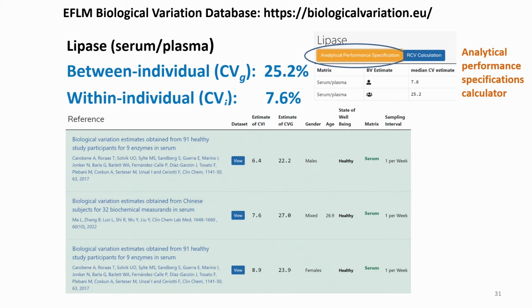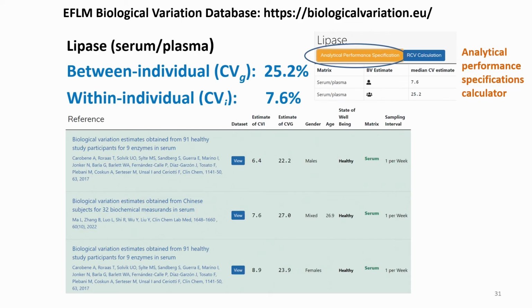And the EFLM has actually performed a meta-analysis of those studies and provides the within individual biological variation. This is the average variation of lipase within an individual. And also the between individual biological variation, which is the average variation of lipase between individuals whose health status is stable. So we can use this to calculate the allowable total error limits.